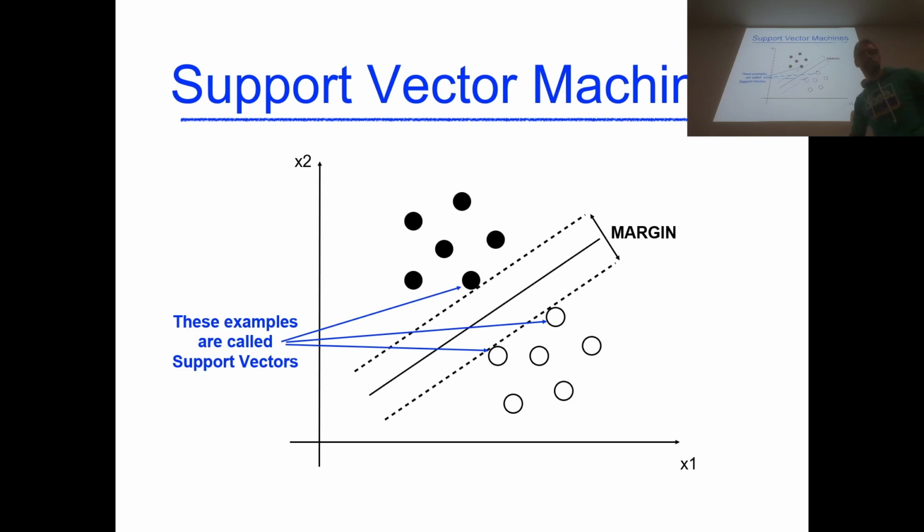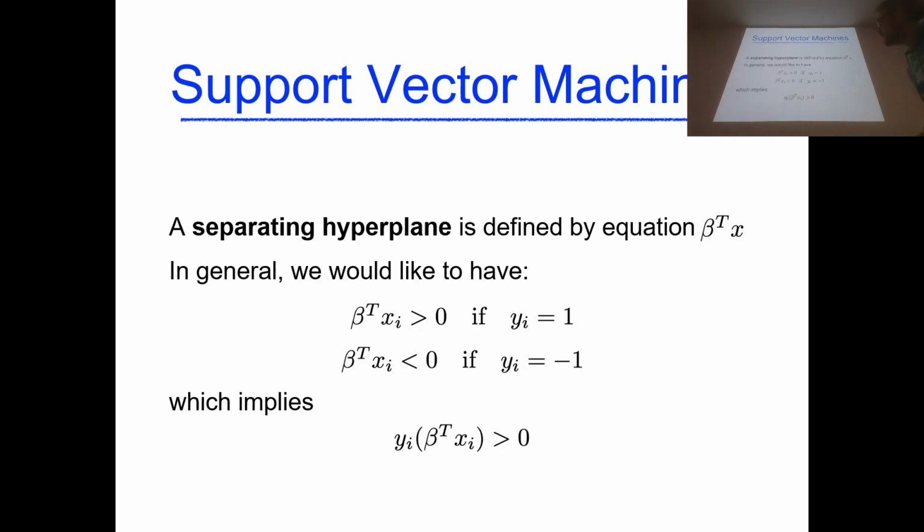Vectors because, as I said, imagine we are in a multi-dimensional space, so each data point is actually described by a vector of attributes. This is simply to justify the name. These are the vectors of the data points that support this separating hyperplane. They are the reasons why the separating hyperplane is drawn here. This is just to explain the name.